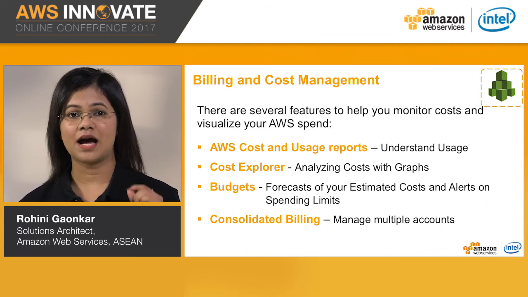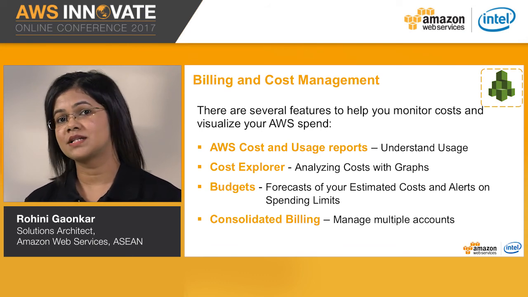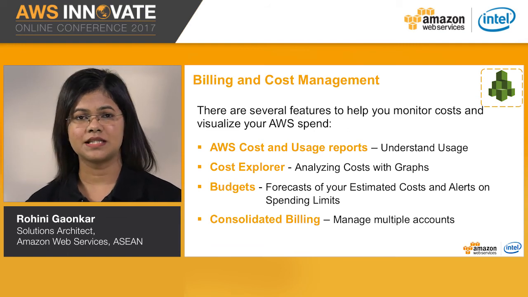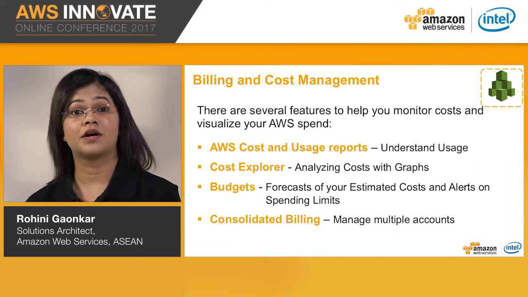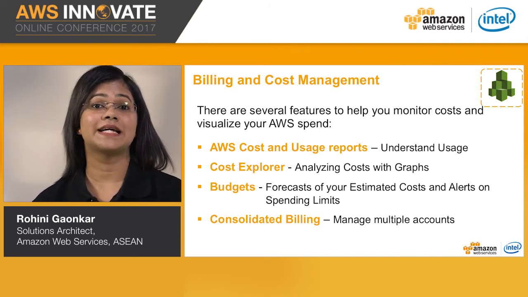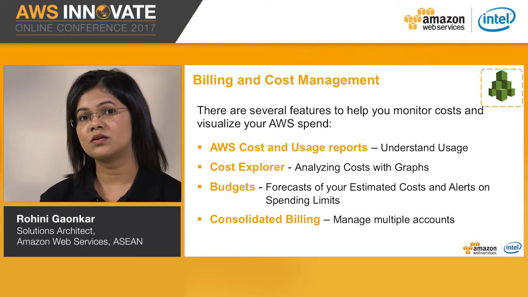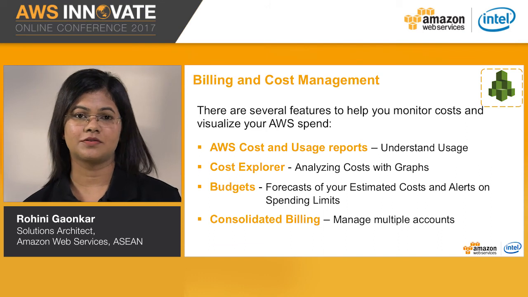You can choose to have AWS publish billing reports to an Amazon Simple Storage Service, or S3, bucket. You can choose to receive reports that break down your costs by the hour or month, by product or product's resources, or by tags that you define yourself. The Cost Explorer is a no-cost tool for viewing your AWS cost data as a graph.